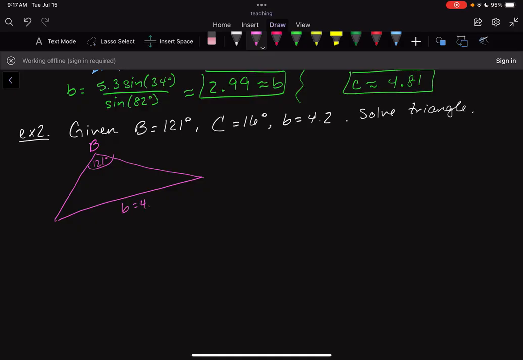And they do tell me that side B is 4.2. This is great. Having that fully developed ratio right from the start is amazing. C, let's put it over here, 16 degrees. And so I'm going to need to find side C, I need to find angle A, and I need to find side A.